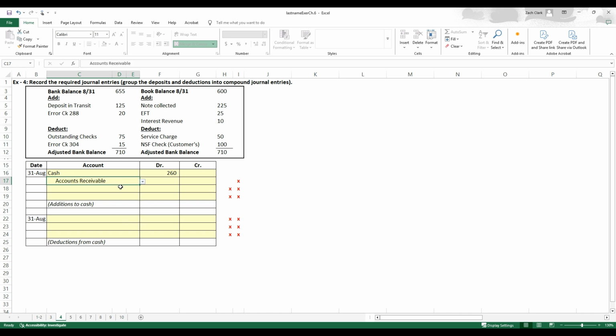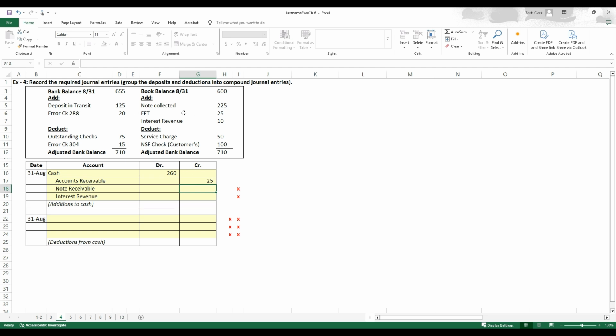And then we're going to go through and reduce an accounts receivable, a note receivable, because we had that note collection there. And then we're going to record some interest revenue. And let's find interest revenue. Cool.